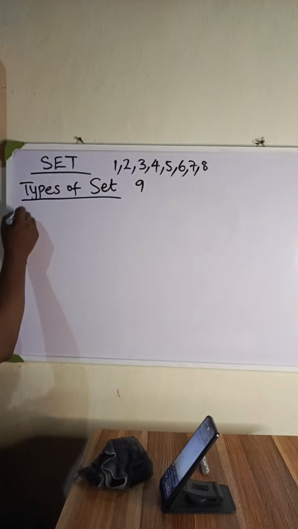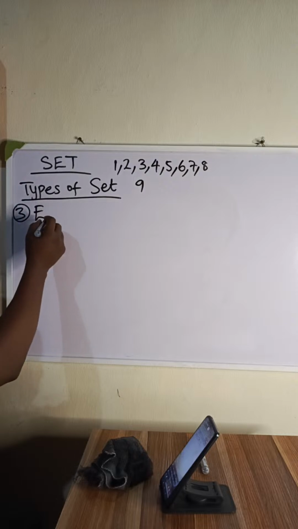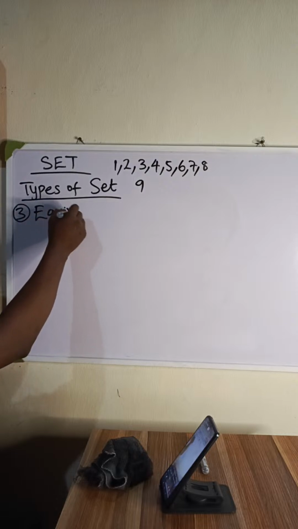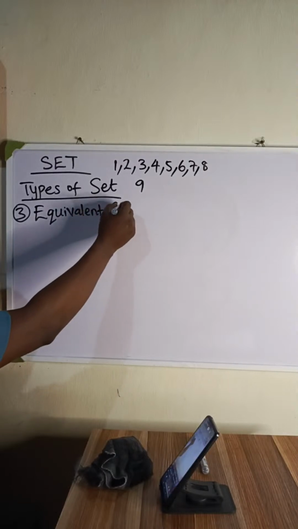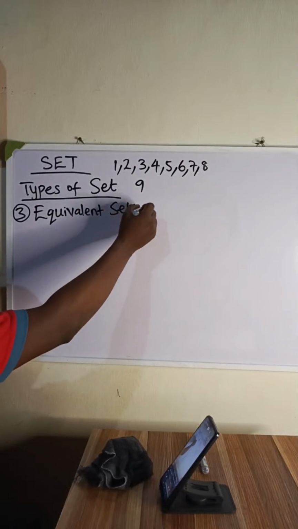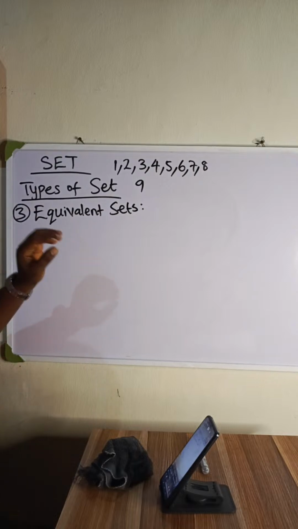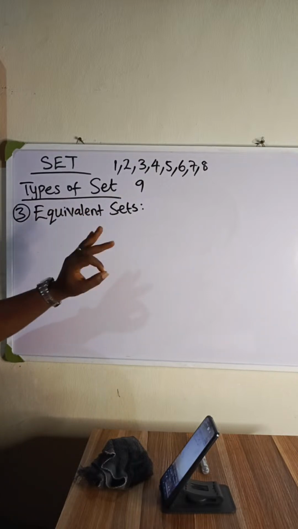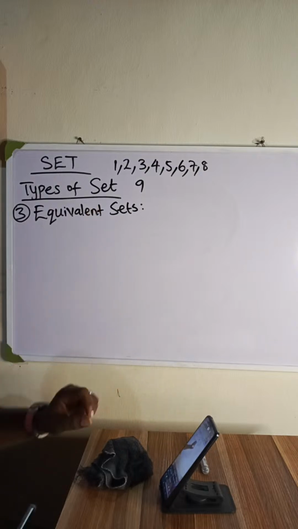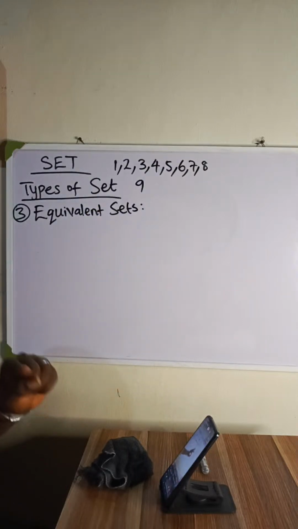So number 3 type of set is equivalent set. Two sets are equivalent if the number of elements in each of the sets are the same.